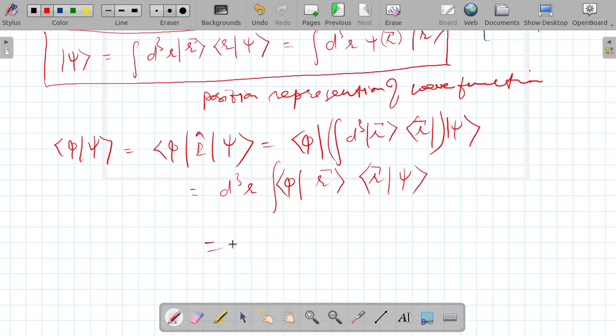So here the bra is operated with this, and the ket is operated with this, so this will remain as it is, but here it will become a complex conjugate. The integral can be taken outside.